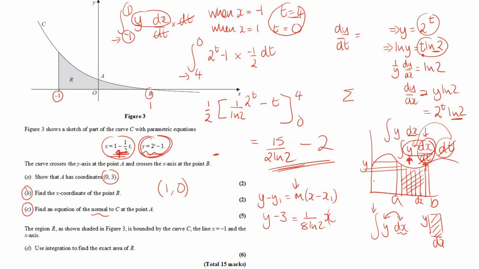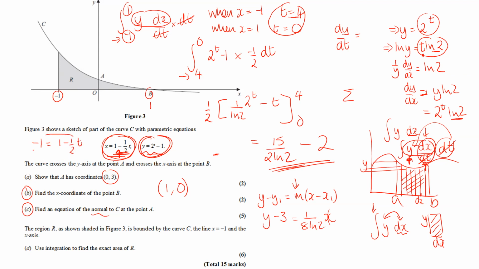Right next to the bit on top, you wrote when x equals -1. Which equation did you substitute those x values into to find the t value? So when x is -1, you've got -1 is equal to 1 minus half t.